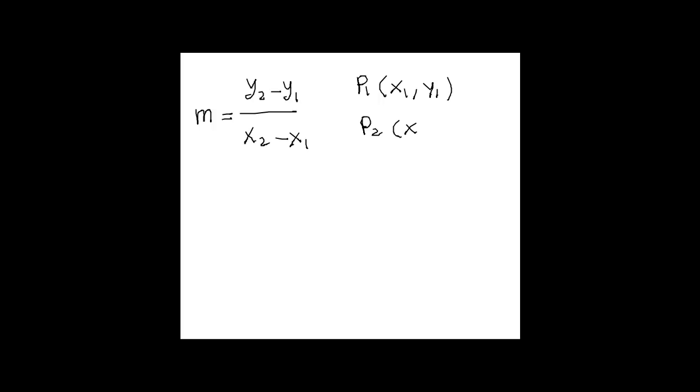You use this formula every time you want to find the slope, m. So in other words, if you know 2 points, then use this formula. Point 1 would be (x1, y1). Point 2 would be (x2, y2). Okay?